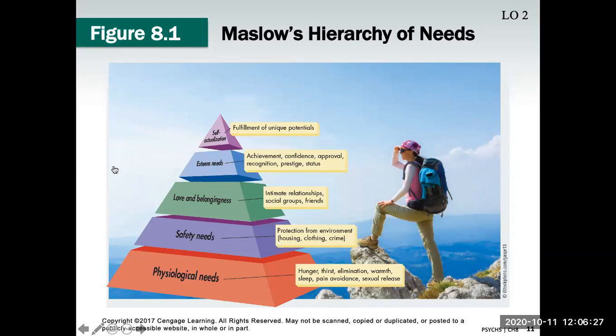Another problem is that the way they have illustrated it here is very clear cut. You achieve this and then you can move on to this. Well, it's not quite so clear, right?